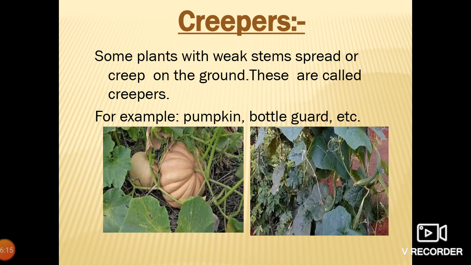Pumpkin is very heavy and it is not possible to climb with this fruit. So these plants creep on the ground. Examples of creepers are pumpkin, bottle gourd, etc.